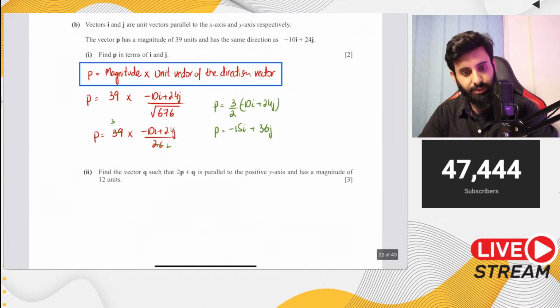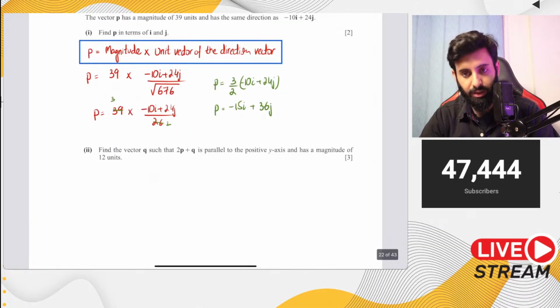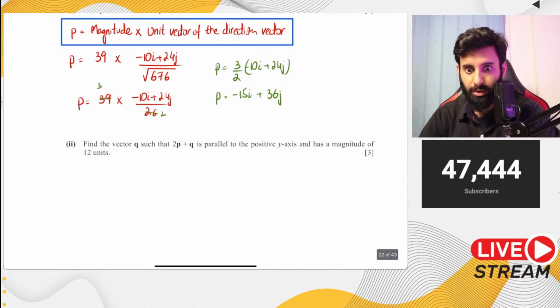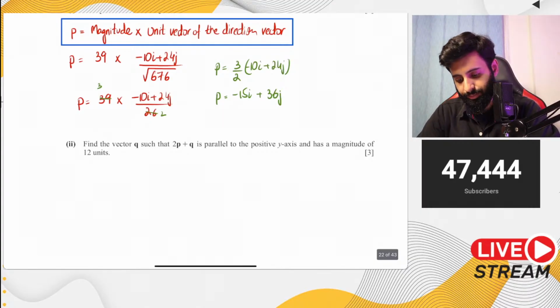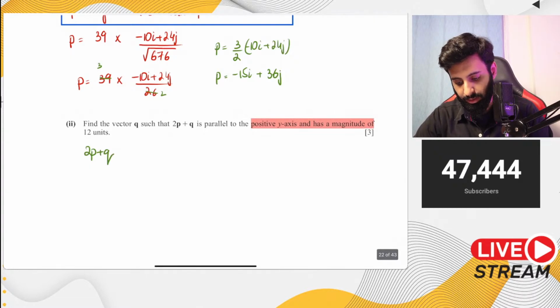Okay, then it says find the vector q such that 2p plus q is parallel to the positive y-axis and has a magnitude of 12. Okay, अब ये ज़रा थोड़ा complicated सवाल है. ठीक है, let's see what we can do over here. It says find the vector q such that 2p plus q is parallel to the positive y-axis and has a magnitude of 12.